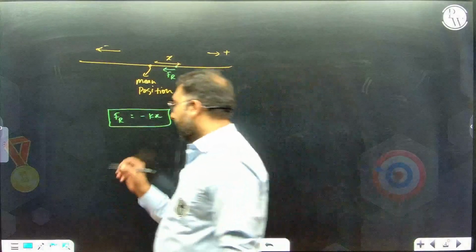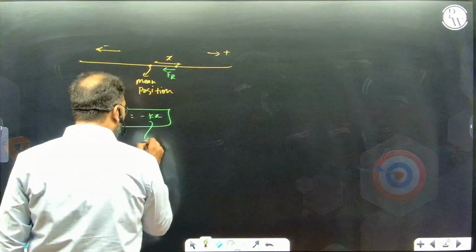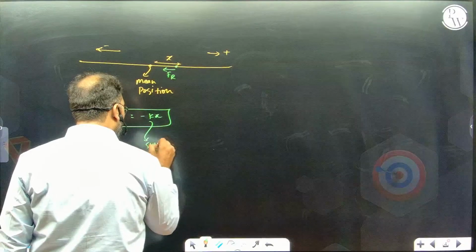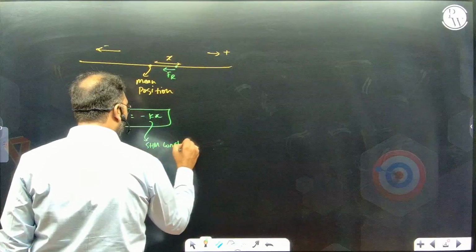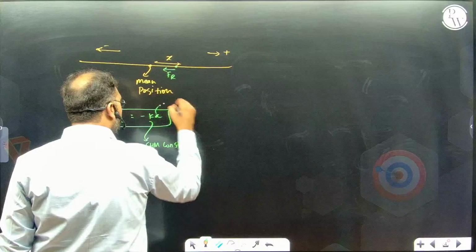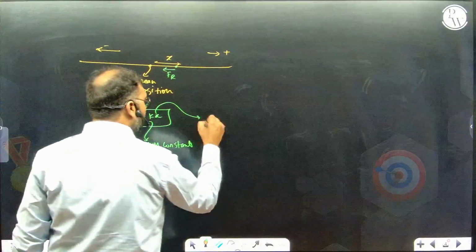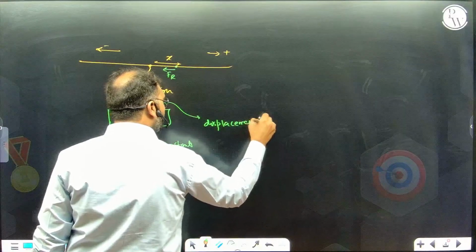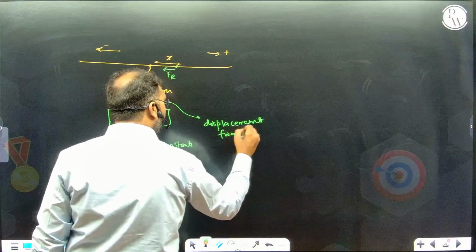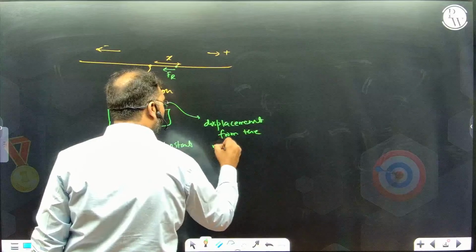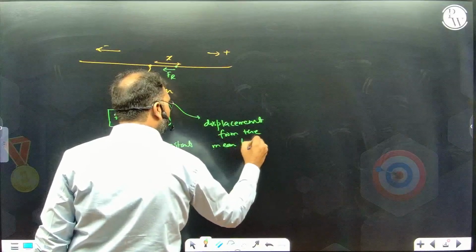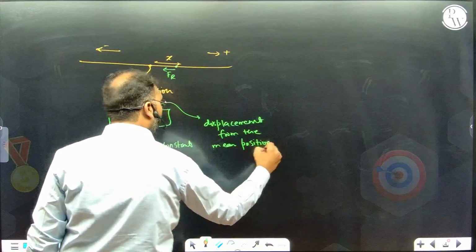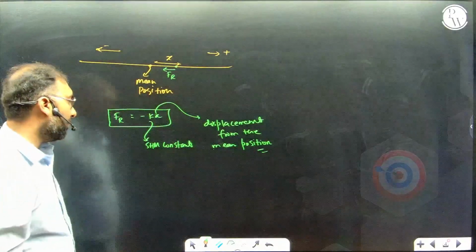What is k here? This is the SHM constant. And x represents the displacement from the mean position.